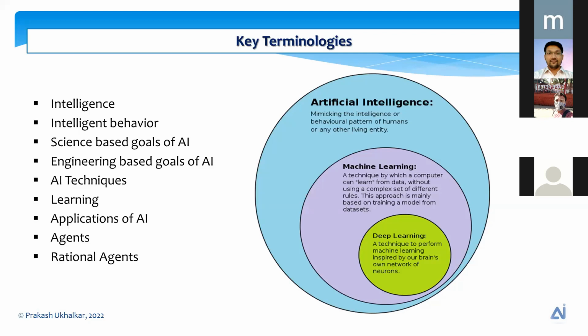Then learning. Our focus is on an intelligent computer program. So learning with respect to a computer program means the program should learn from the facts or behavior humans represent.